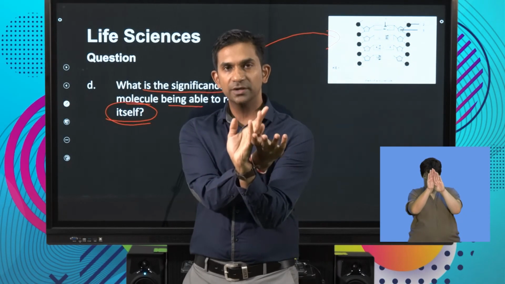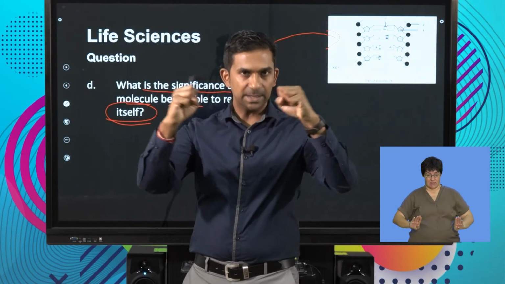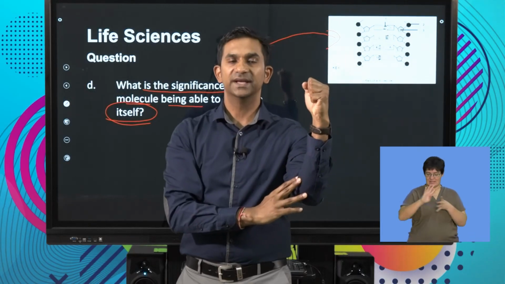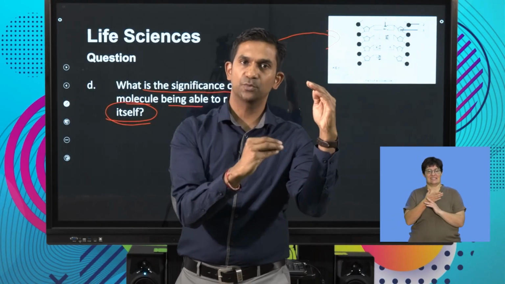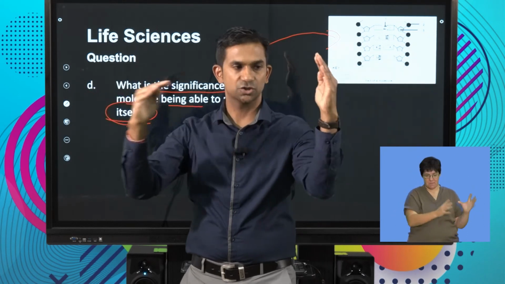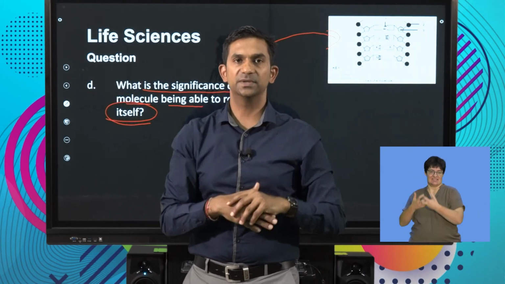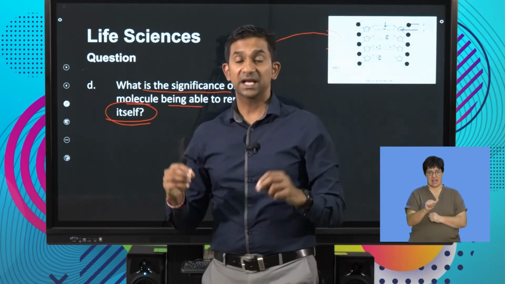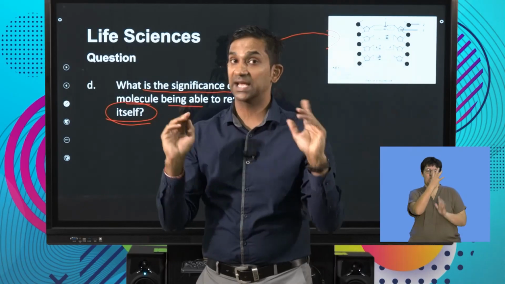So based on the unwinding and the separation into the templates, these templates now form an easy access point for the free floating DNA building blocks to base pair with their complementary nature. And so this talks to the structure of DNA allowing for the ease at which it can copy.